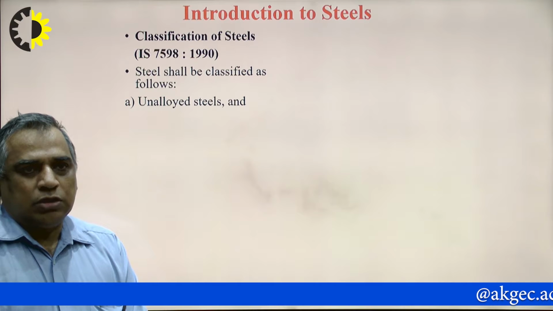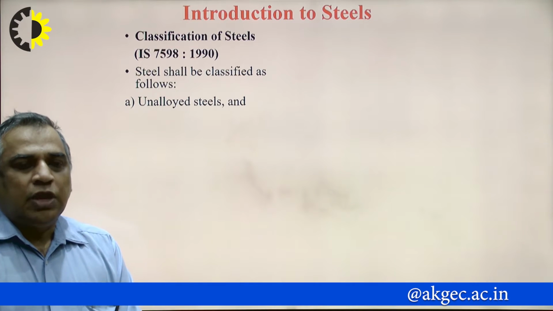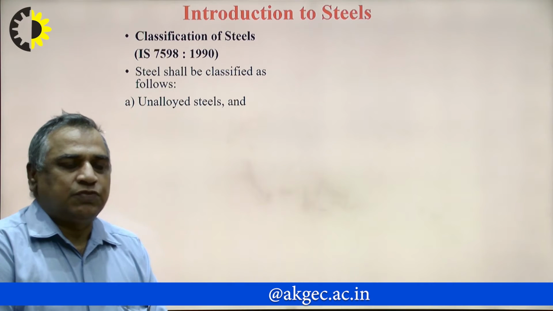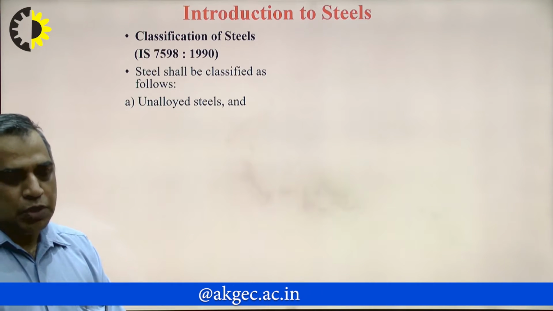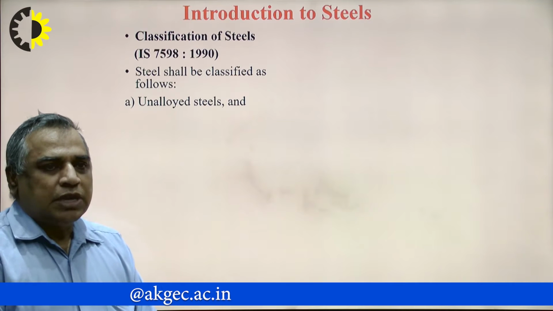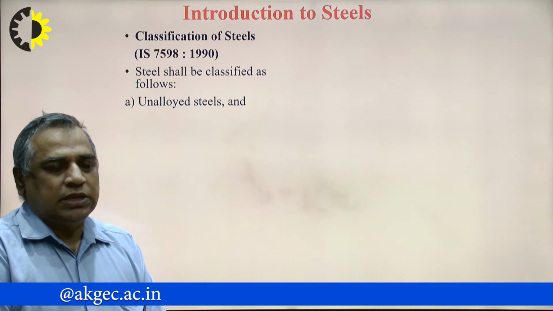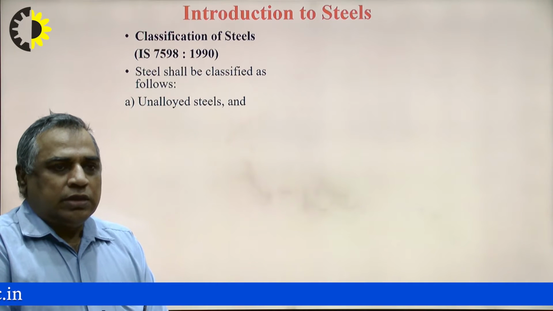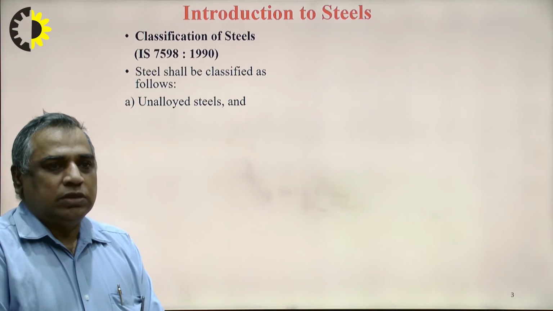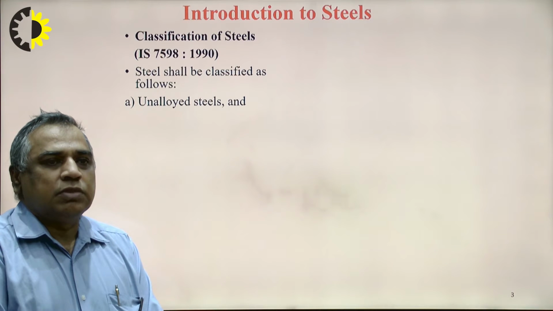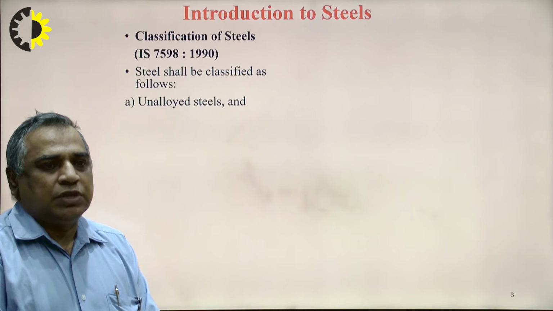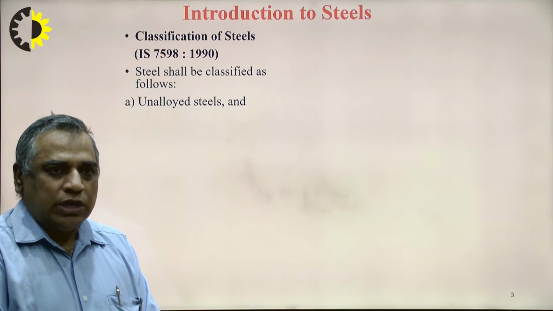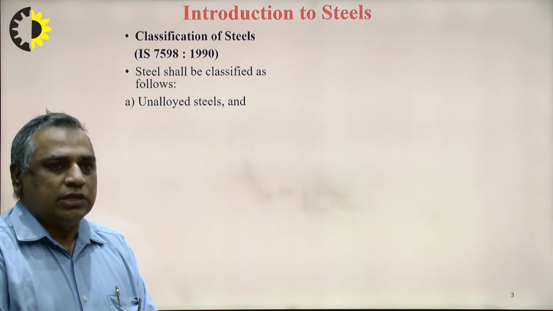In this alloy of carbon and iron, we need some specific properties of the steel. Sometimes we add some more elements, then it is called alloy steel. Unalloyed steel is where the elements have an average percentage content equal to or lower than the specified limit.